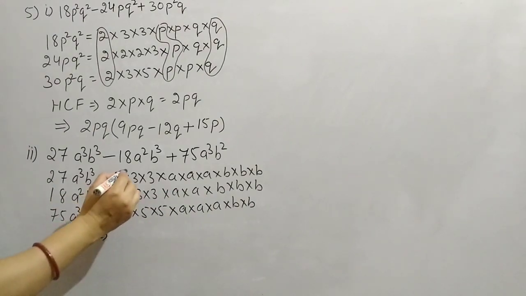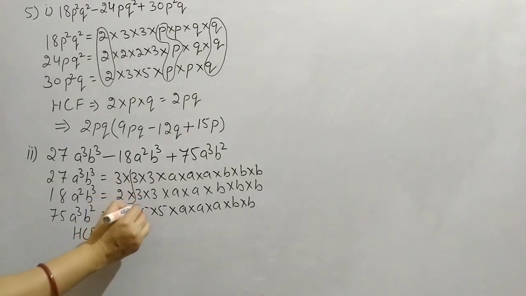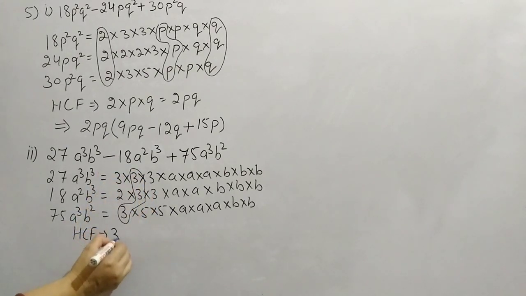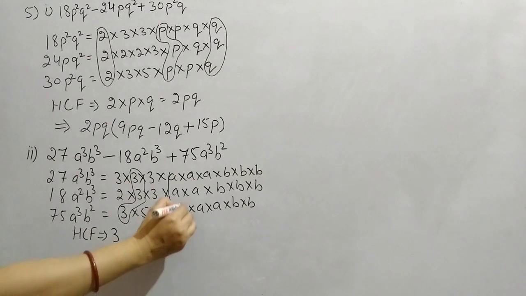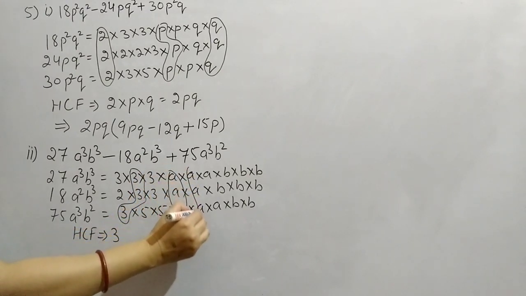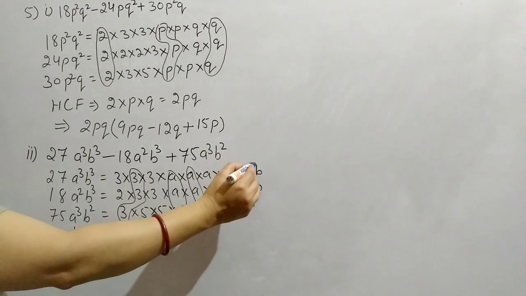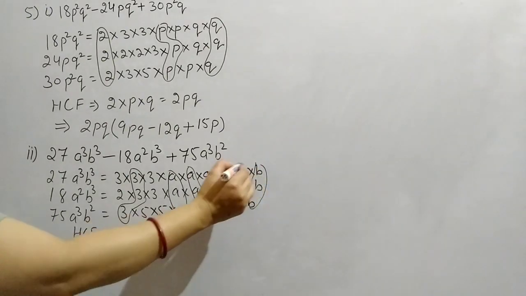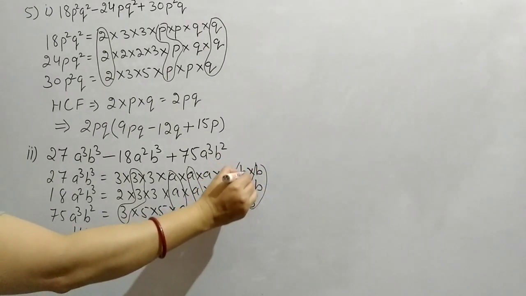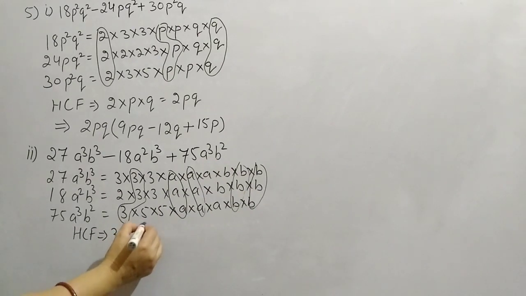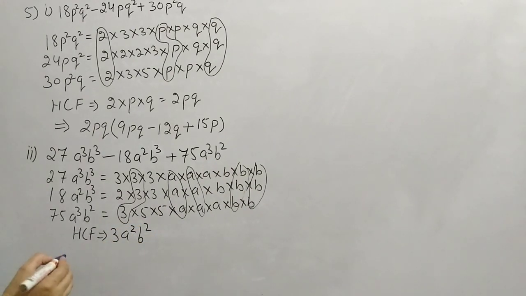Next we have to take the HCF. So you can see we have 3 common from all the 3 terms. a is common, one more a is common, so a into a, or we can write it as a square. Then b is common and one more b is common. So 3a square b square is common here.